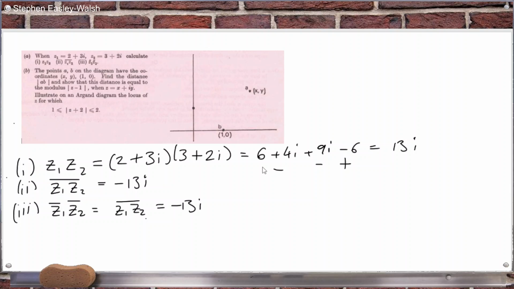So you would have had 6 minus 4i minus 9i plus 6. So that would have the minus 6, 6 minus 13i.